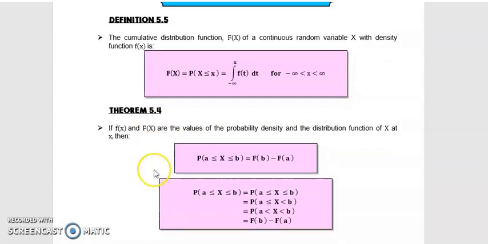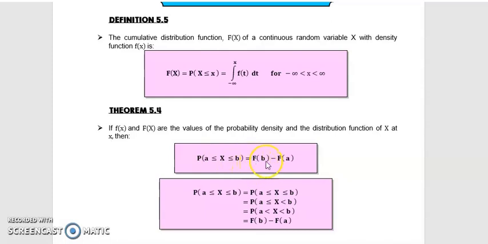Okay, look at this theorem. If f(x), the density function, and F(x), the cumulative distribution, are the values of the probability density and the distribution function of X at x, then the probability of X being greater than or equal to a but less than or equal to b can be found by using the cumulative.